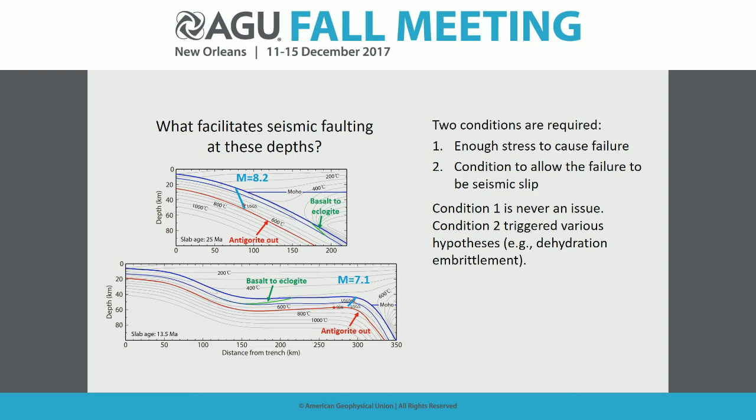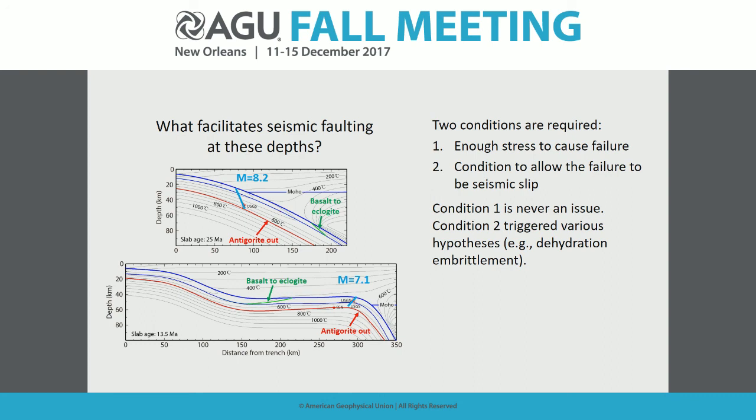The problem is that under that kind of confining pressure, even though the rock is brittle, how do we make localized seismic slip instead of cataclastic flow? These two should not be confused, and so the question is really the second one.